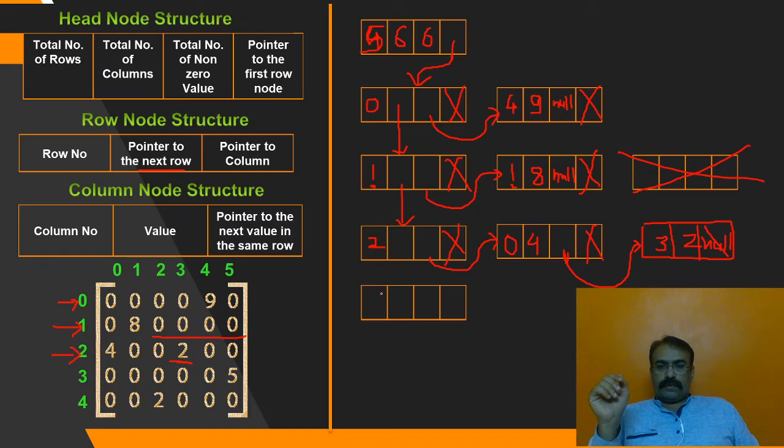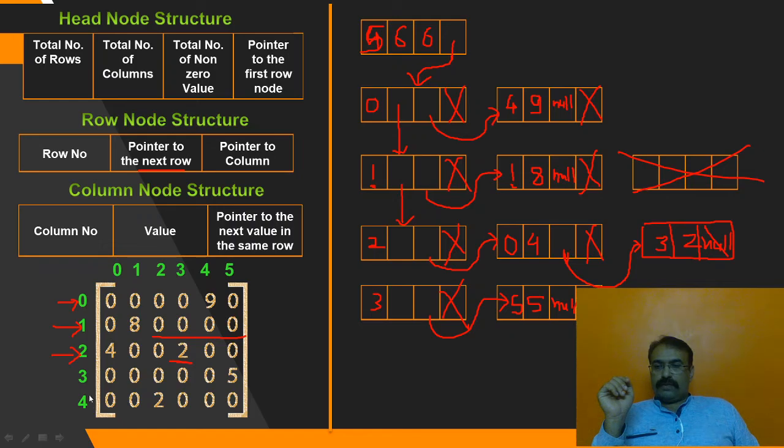Okay, similarly I can add others. So for row number 3, I can have one more column over here. This is the extra field. Well, I can have this column which is going to hold the value of column number 5. Value it is holding is 5. This is going to be null. Again, the last node we can form here for the row 4.